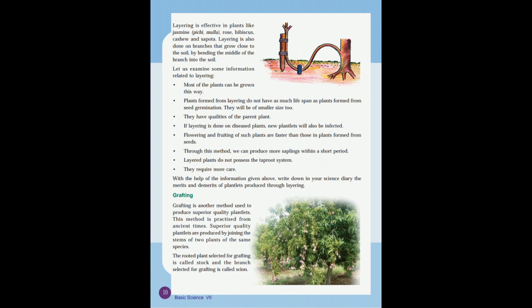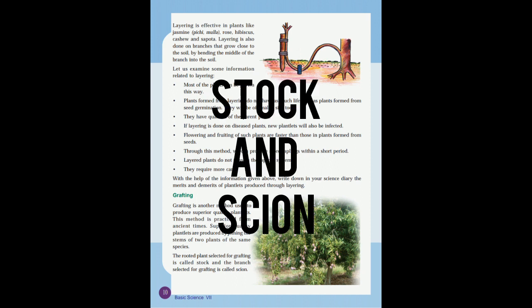So when we join both of these plants, the new plant will have a lot of very tasty, ripe, big and so many fruits, and that is the superior quality. That is why it is known as superior quality. So don't forget the stalk and the scion.